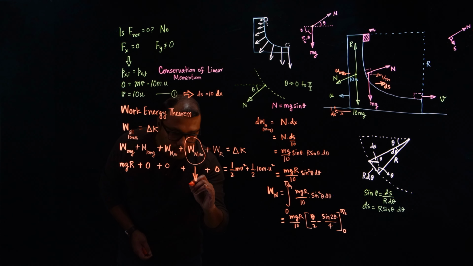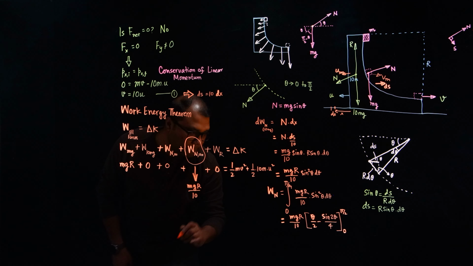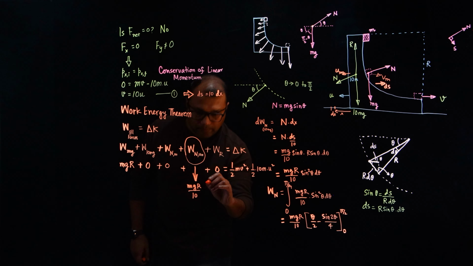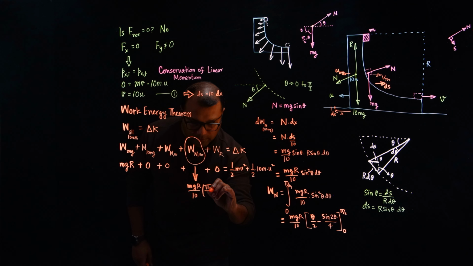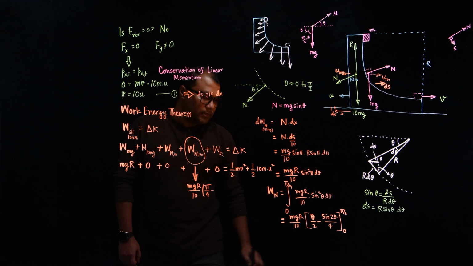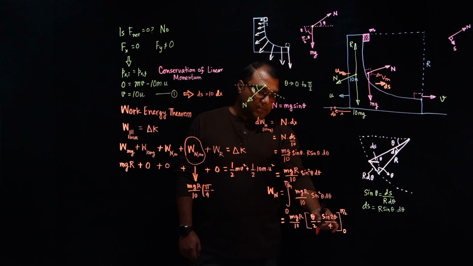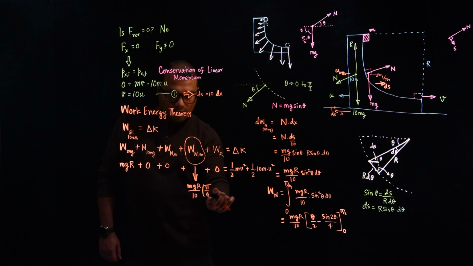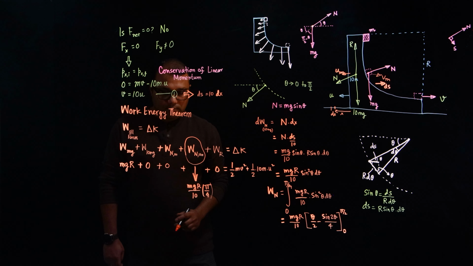This is mgr by 10 times (pi by 4 minus sine 2 theta by 4): 2 times pi by 2 is sine pi, and sine pi is 0, so minus 0, and sine 0 is 0. So we can just say this.